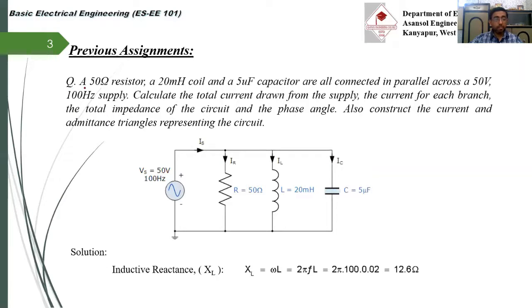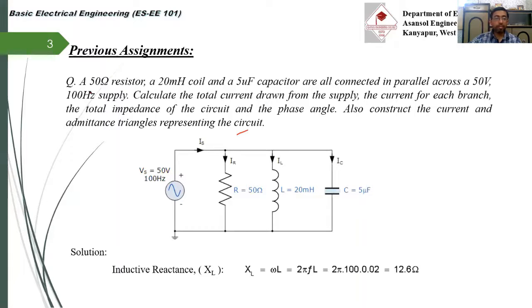The question given was: a 50 ohm resistor, a 20 millihenry coil and a 5 microfarad capacitor are all connected in parallel across a 50 volt 100 hertz supply. Calculate the total current drawn from the supply, the current for each branch, the total impedance of the circuit and the phase angle, and also construct the current and admittance triangle that represents this circuit.